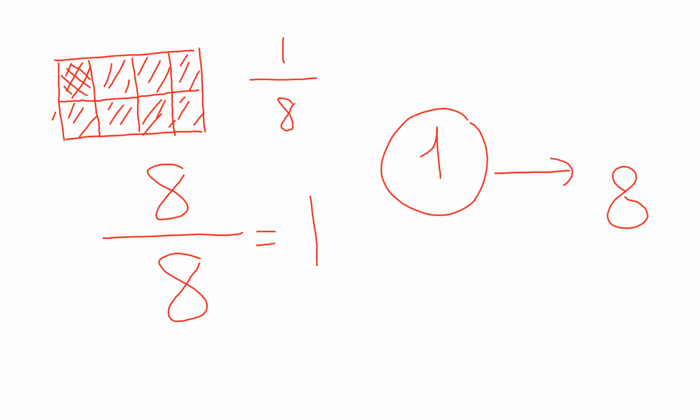So the fraction of the shaded parts is 8 out of the total, which is also 8, which makes one whole. One whole is the one rectangle that we drew at the beginning, before we divided the rectangle and shaded. Okay? Does anybody have a question here? No, thanks.